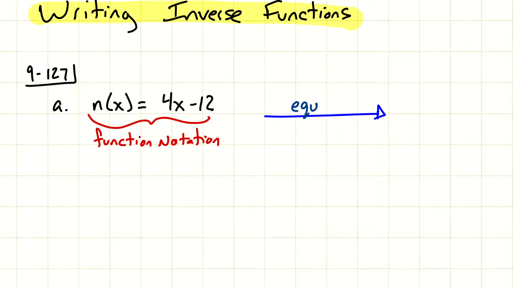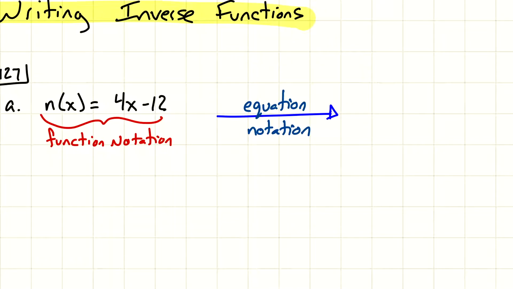This arrow means I'm going to change it to an equation notation. All that means is I'm going to replace that n of x with y equals. So now instead of n of x equals 4x minus 12, I'm going to write y equals 4x minus 12.